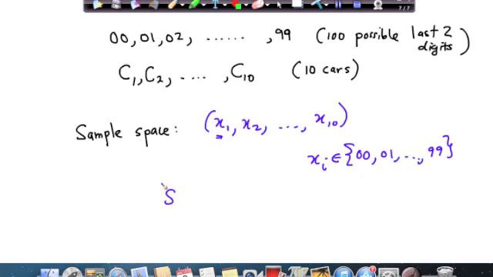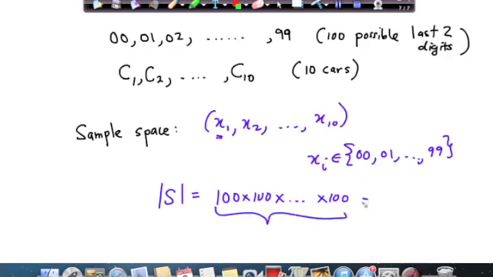If S denotes the sample space, then the size of the sample space is going to be 100 times 100 and so on. There will be 10 of them altogether, so this is 100 to the 10.